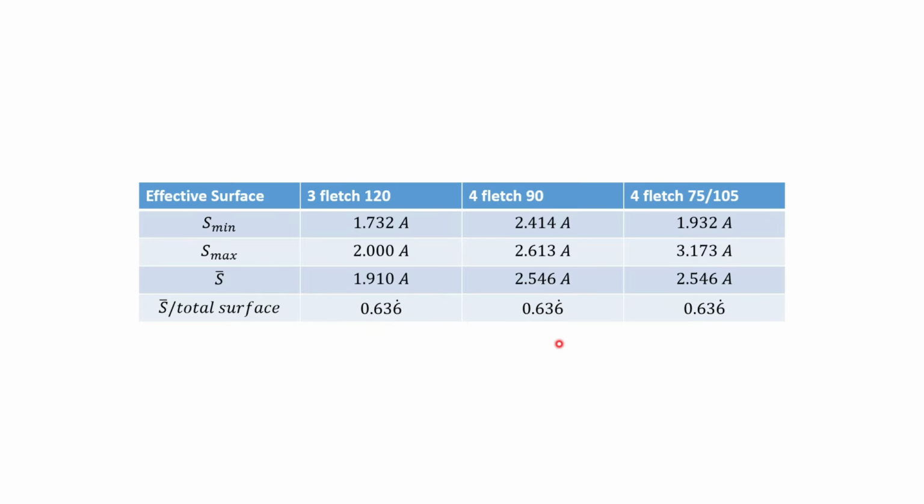Okay, so what does that mean? That means regardless of your fletching configuration, as long as you have the same amount of total surface area among all your veins, you're going to get the same amount of effective surface area.